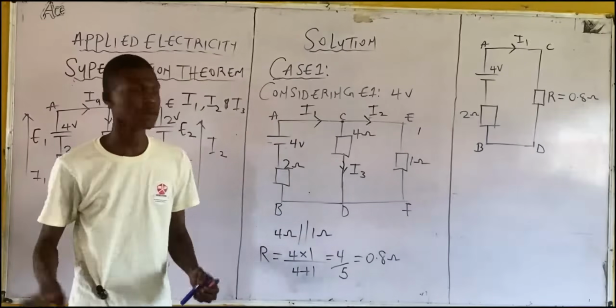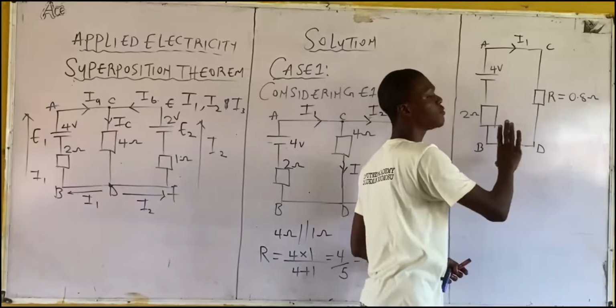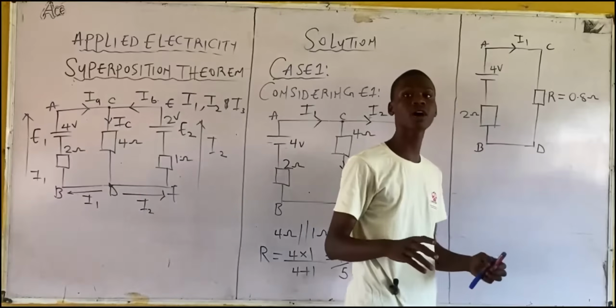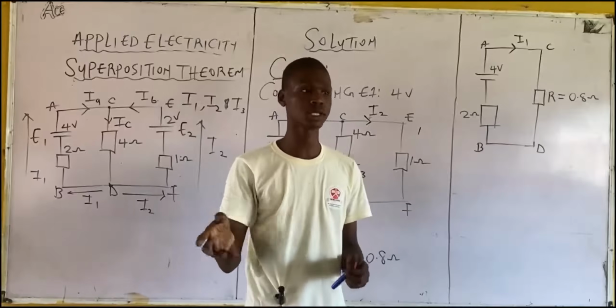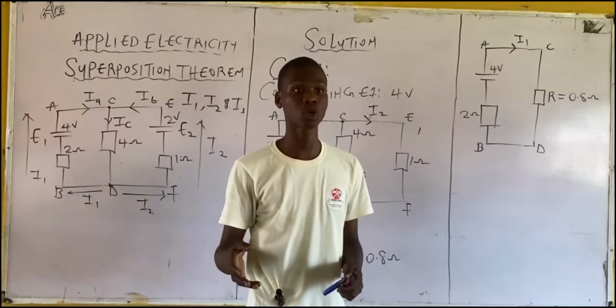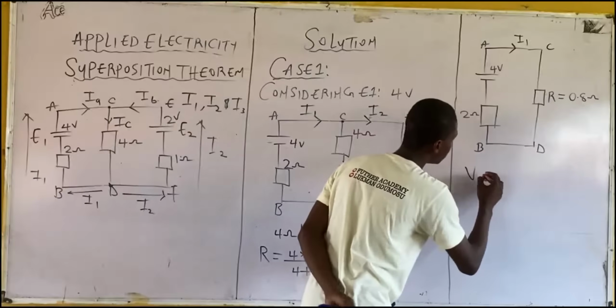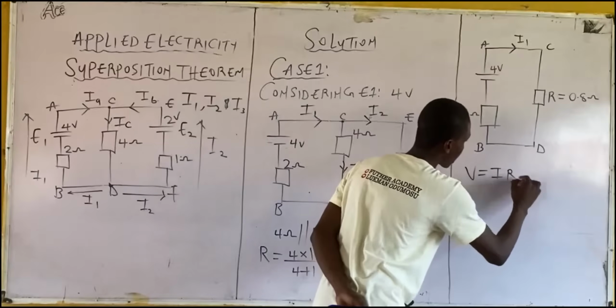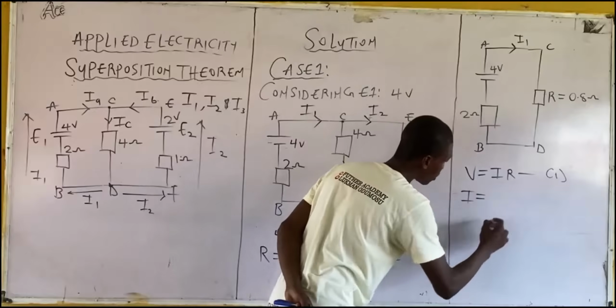Any question? Now, what it means is that from this circuit, you can get the value of I1. How do you get the value of I1? We come from Ohm's law. What does Ohm's law state? V is equal to what? Mathematically, Ohm's law states that V is equal to IR. We call this equation 1. From equation 1, make I the subject of the formula. What do you have?